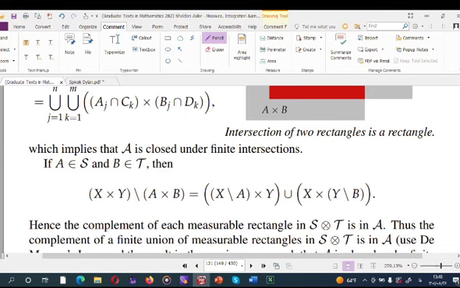Hence the complement of each measurable rectangle is in A, because it is written as the union of two measurable rectangles.